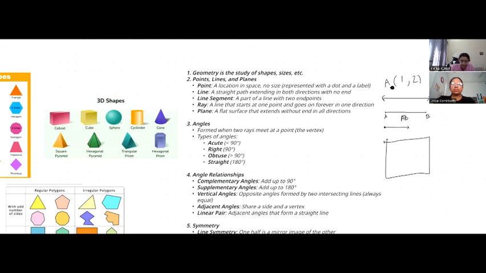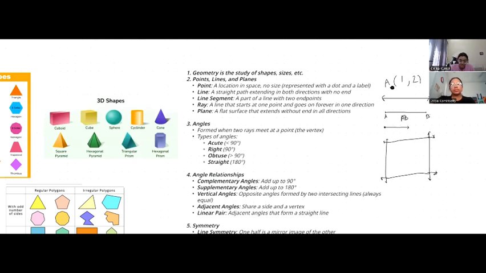So this is what a plane would look like, and in a plane we can have lines, line segments, rays, points, everything. And if you ever look at these digitally, you can rotate them and see that no matter what you do, they're never going to have an end. It's just like a blank sheet going up to infinity.